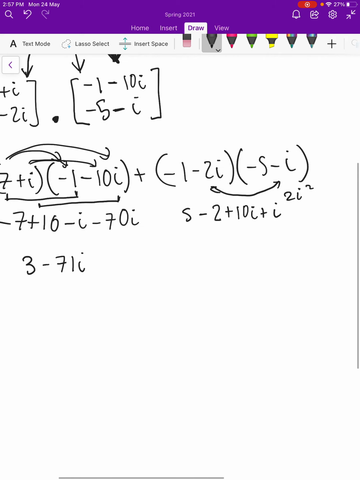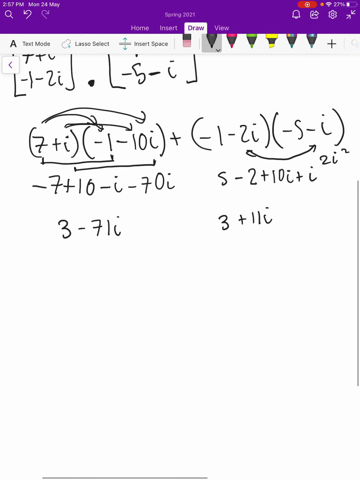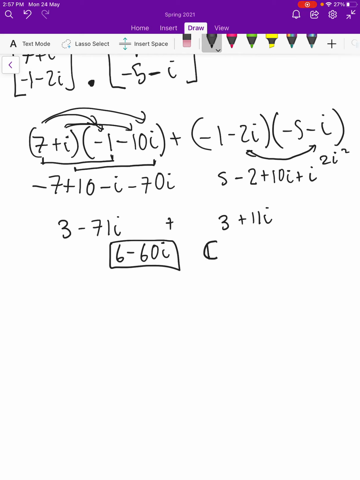Now this is 5 minus 2 is 3 plus 11i. So we're going to get 6 minus 60i, because we have to add them up. That is our answer. And remember, the inner product gives you an answer in Cn.